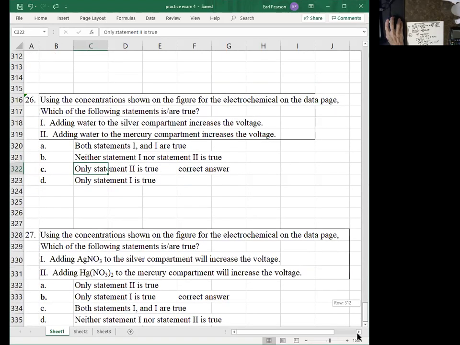Okay. Now, using the concentrations shown on the figure for the electrochemical cell on the data page, which of these statements is or are true? We're going to add silver nitrate to the silver compartment. So first of all, I want to notice silver ion is a reactant.